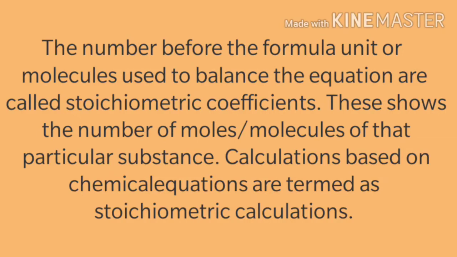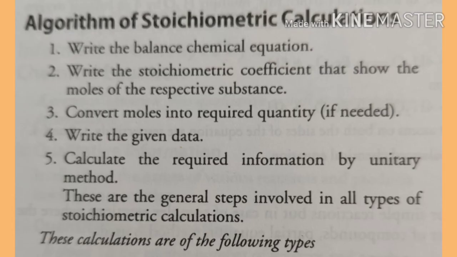These we can do when we write the reactions in a balanced manner. So we first balance the chemical equation to obey the law of mass conservation, because that law is already verified. So first in the algorithm, we write the balanced chemical equation.